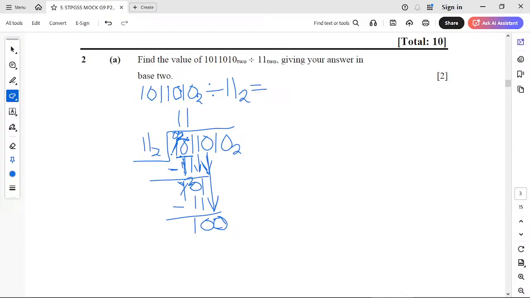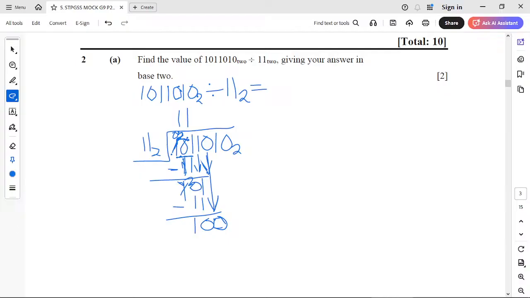Since we have dropped this 0 up to here, then we say 1 1 into 100.